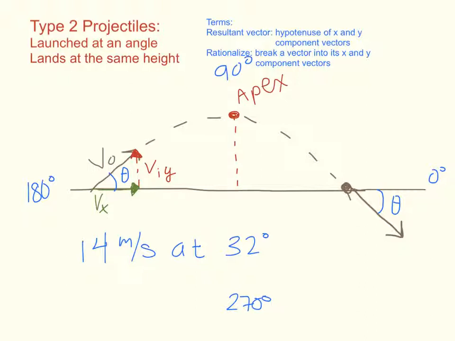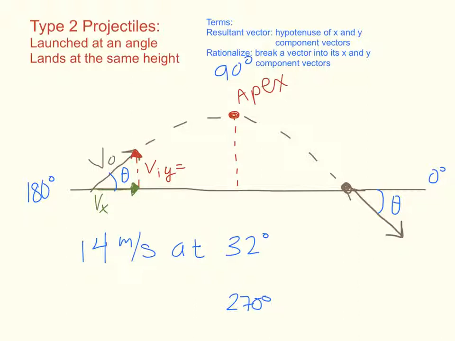So now the other important thing we need to know is how we are going to rationalize this vector in the first place, break it up into the y and the x. Well, we practiced last week in class that if I have a vector like this, I have the hypotenuse and then I have an angle, and I am going to use one of my trig functions to find out what this vertical length right here is.